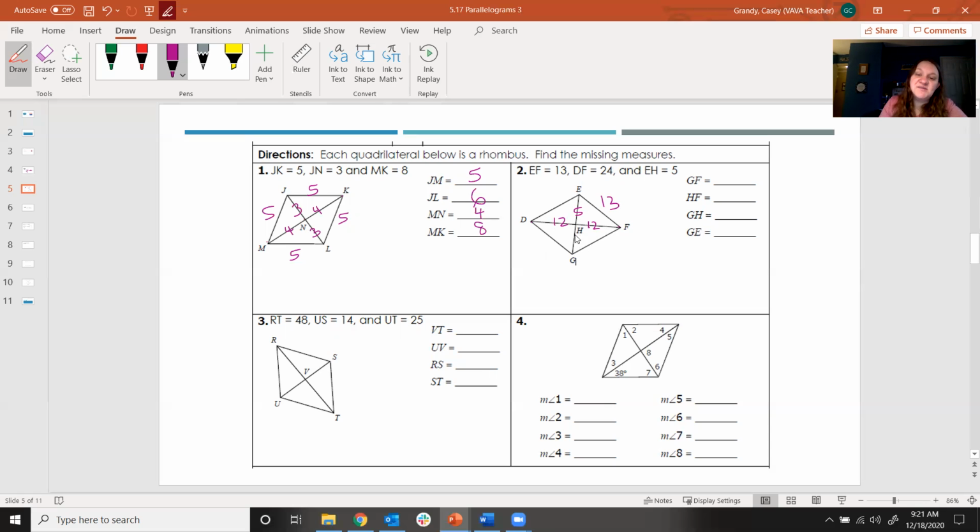Well, again, diagonals bisect each other, so this piece has to be 5, and each side has to be congruent to the side that's given to me. So now we can fill in the missing things. GF is 13. HF is 12. GE is 10, right? Because here to here is 5 plus 5. Oh, that was GE. GH is 5.